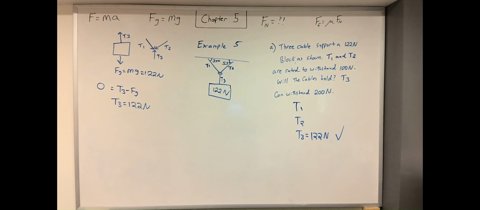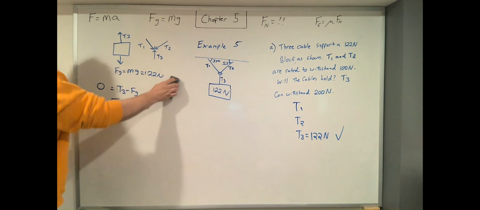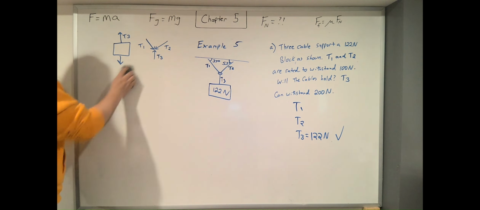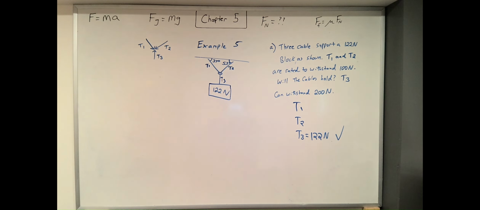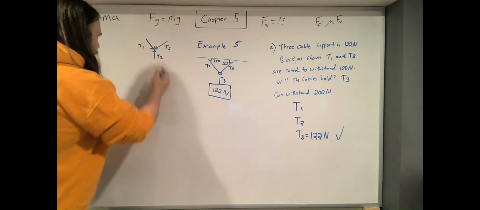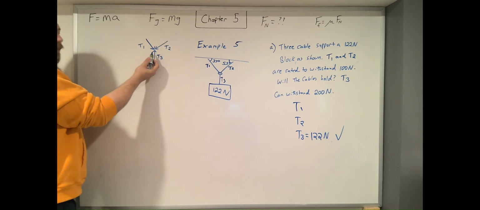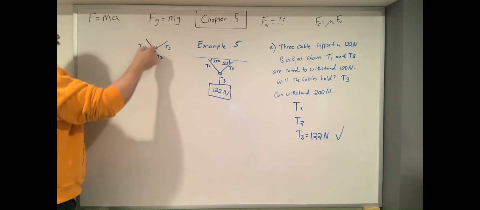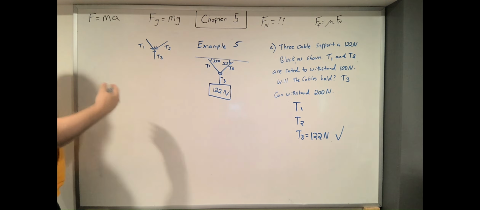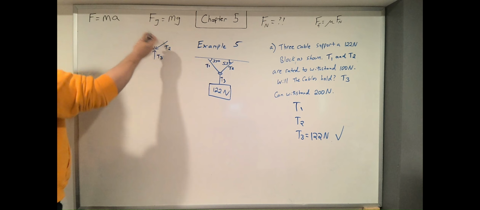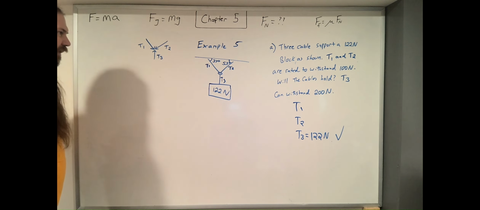Now the other ones, we got to use this drawing. So if T3 is 122, it means that I have 122 newtons going up, and these two going down. They have to counter it because, again, we're all in equilibrium here. But these are at angles. What do we have to do when they're at angles?